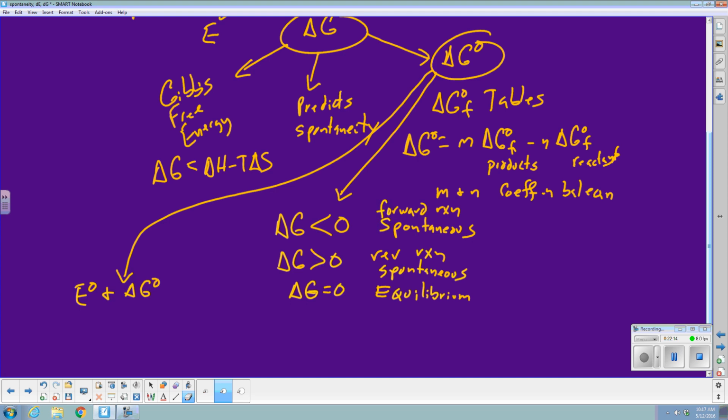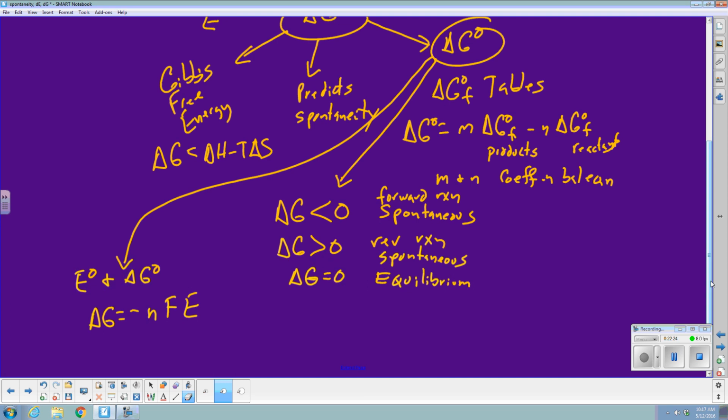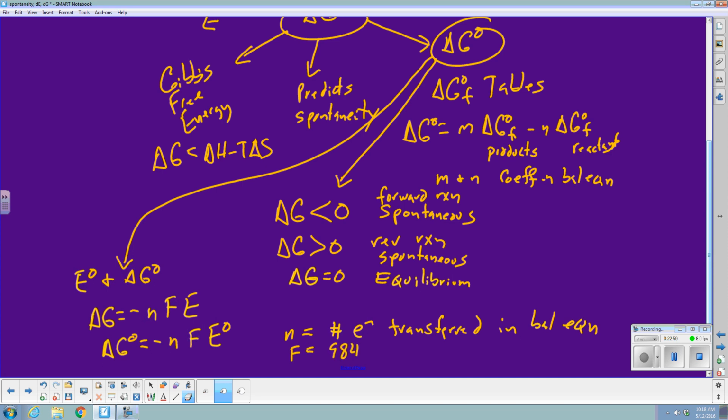It is that delta G is equal to negative NFE, and if all of those are at standard conditions, then delta G prime is equal to negative NFE prime, where N is the number of electrons transferred in your balanced equation. So you're going to have to look at your balanced redox equation to get N. And F is equal to 96485.